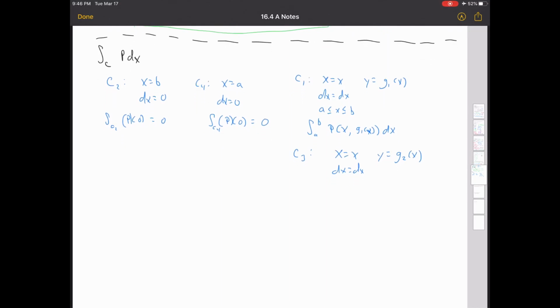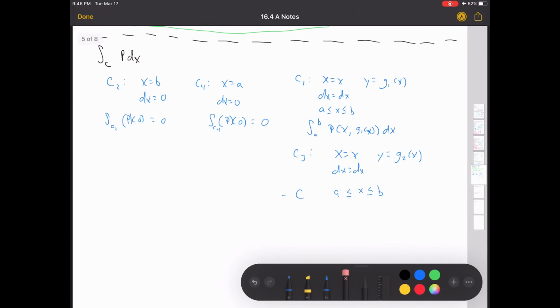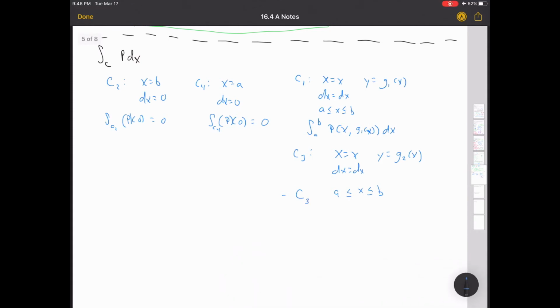And therefore, x can vary from a to b. But that's for negative C3. So this is the case where negative C3 will go from a to b. The x and the y are still going to be x and g2 of x. No problem there.